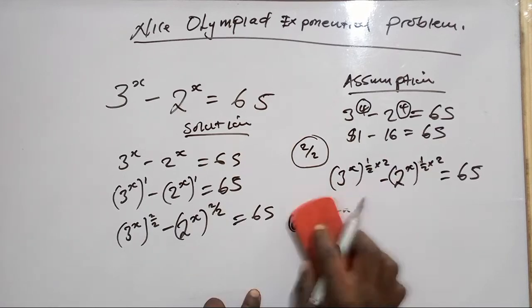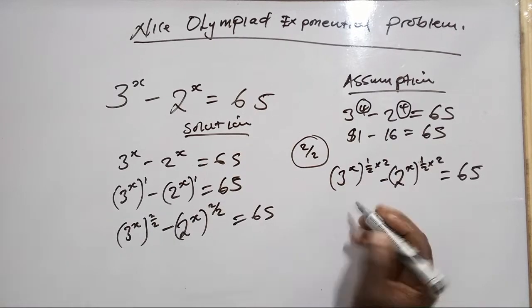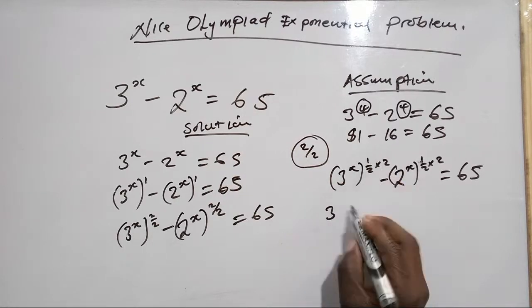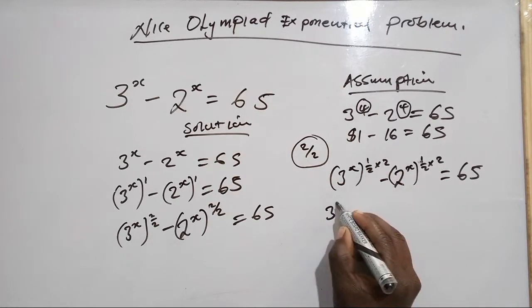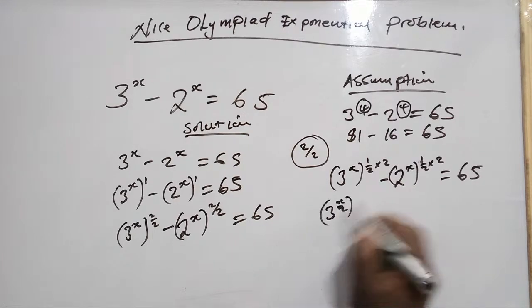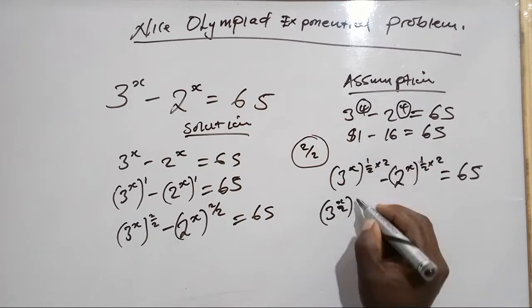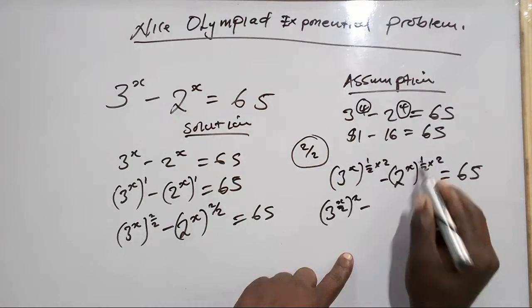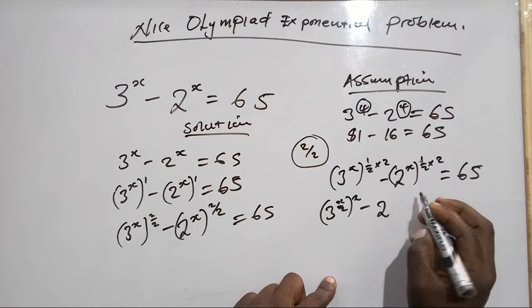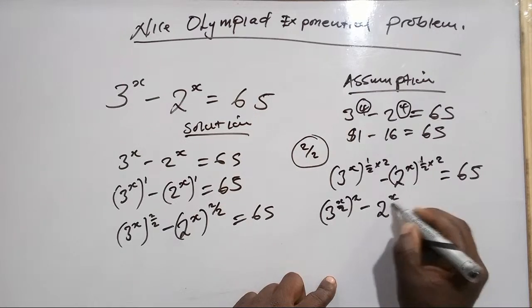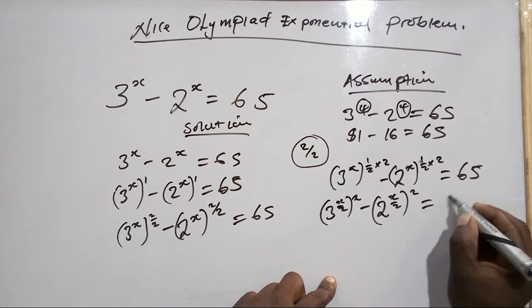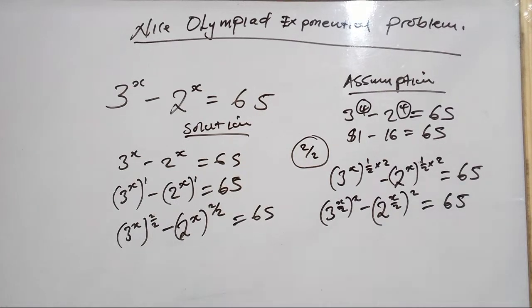We have 3 power x over 2 in the bracket, then power 2, which remains here, then minus, even here you do the same, 2 to the power x over 2 to the power 2, which equals 65, right?